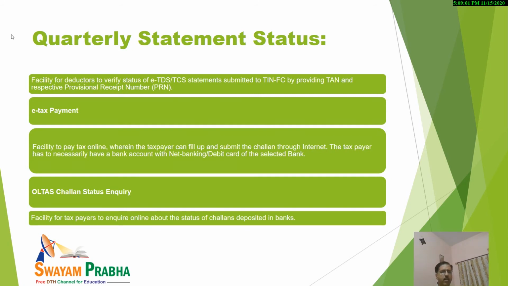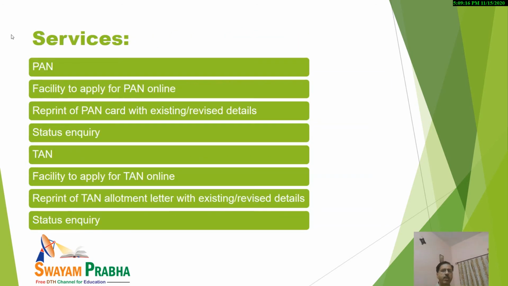In order to know the status of those challans which have been deposited in banks, we may use this facility, that is OLTS challan status inquiry. So it should also be kept in mind.